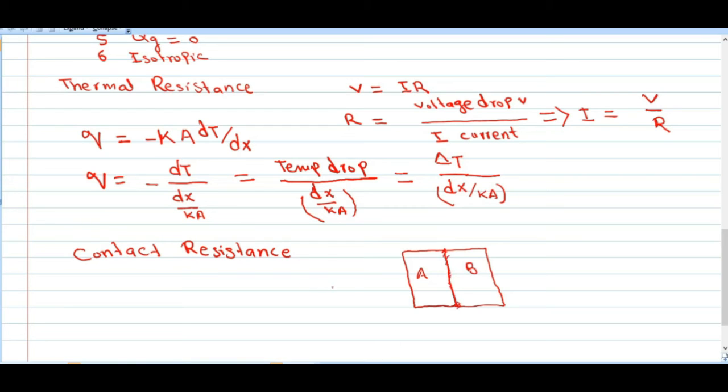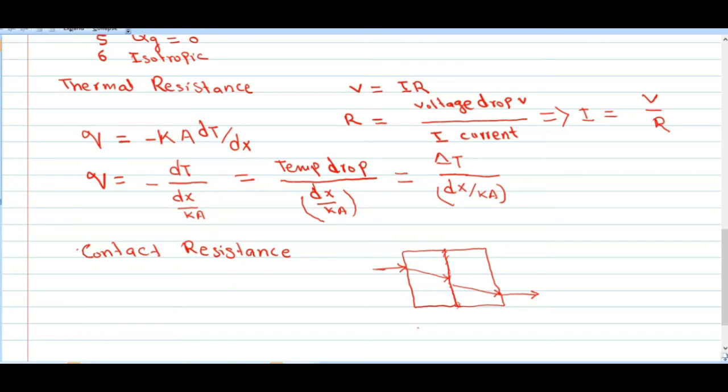This resistance is called contact resistance. Because of this resistance, there will be a significant drop in temperature. Therefore, the rate of heat transfer will be affected because of the contact resistance. That's why it is very important to consider the contact resistance in calculations of heat transfer. We will see this in the exercise on solution of the problems.